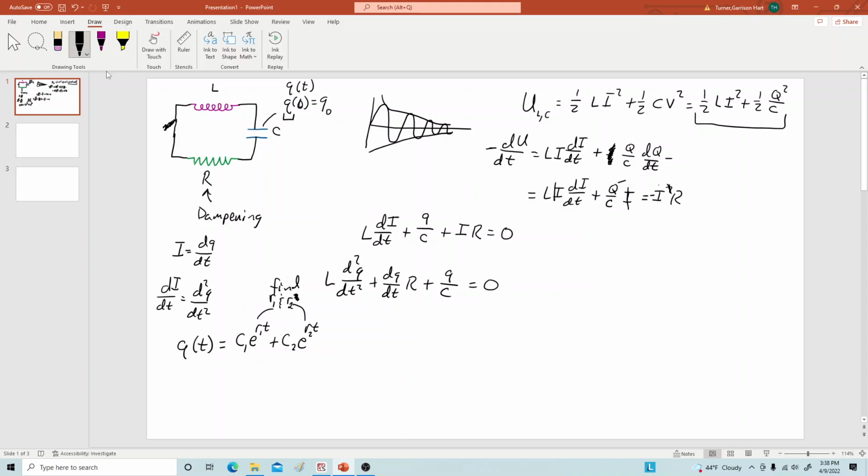So here's how we do it. If Q is written in this form, and by the way, you can actually kind of combine these, but for the moment, let's just say that Q has the form of C e to the rt.